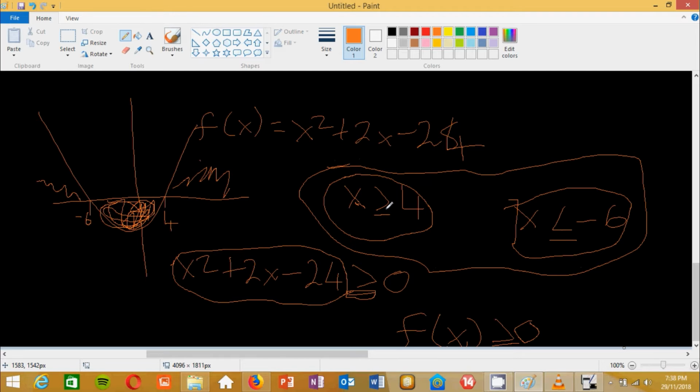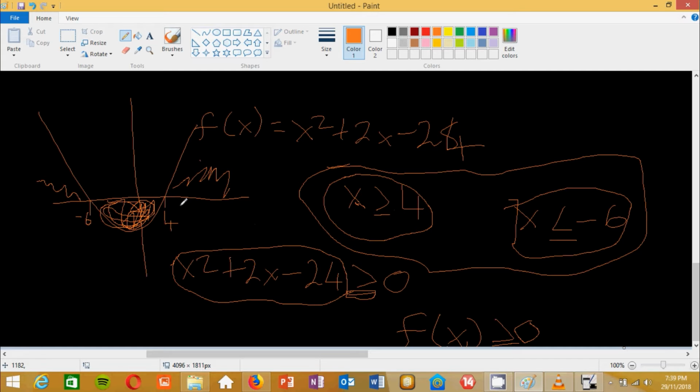If we pick x values which are greater than 4, our function f of x is going to be greater than 0, because anything greater than 4 going this side, here's our graph, and the graph is always greater than 0. But if we do pick x as 4, which is shown by this sign here at the bottom, then our f of x is equal to 0.